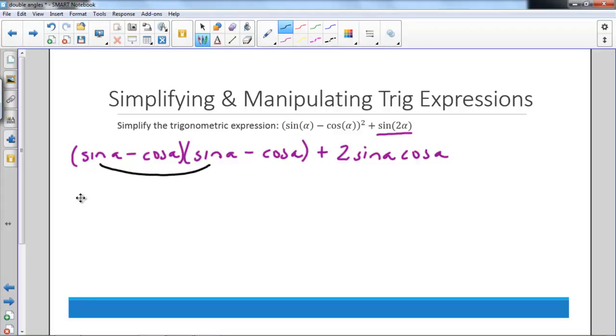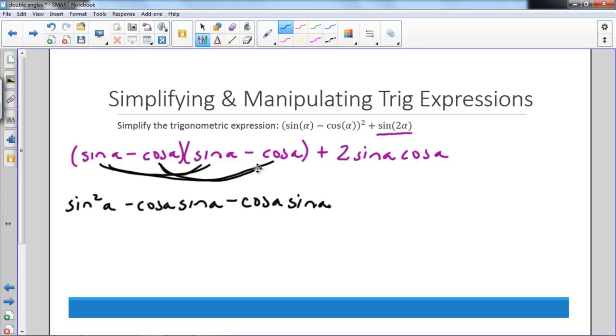Following this out, I'm going to get sine squared alpha minus cosine alpha sine alpha minus cosine alpha sine alpha, and then plus cosine squared alpha. And I still have 2 sine alpha cosine alpha from above.